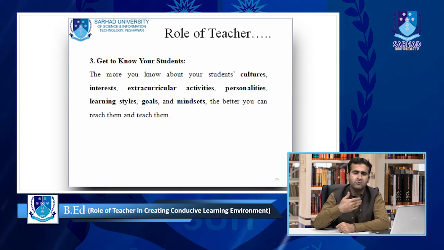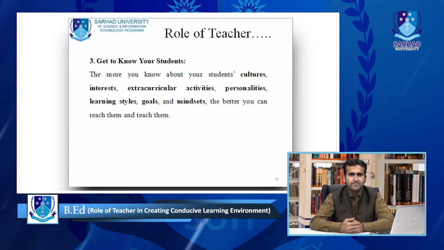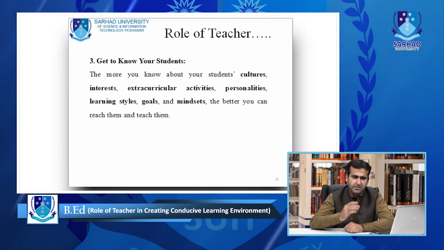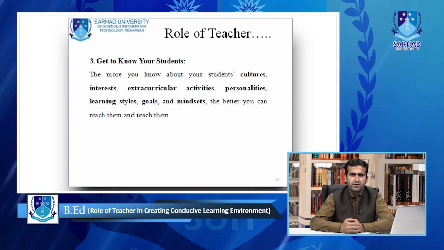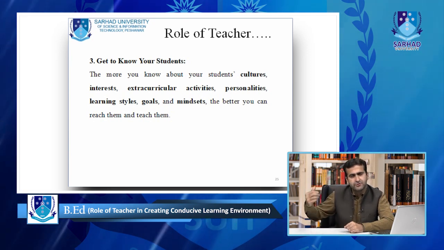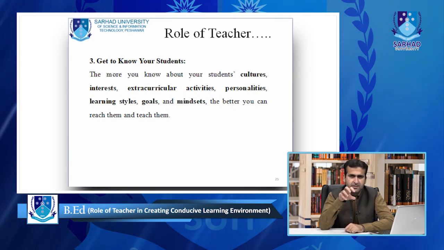The student may learn more if you provide certain presentations to them. So that's why we need to know the learning style of the students. Or the student may take interest in the lecture method. So this is the ability of the teacher to know all these things.